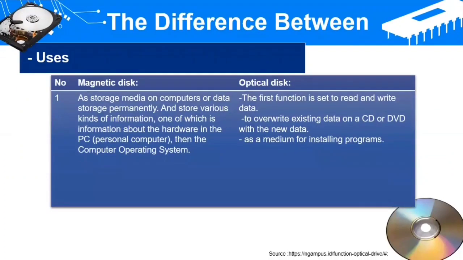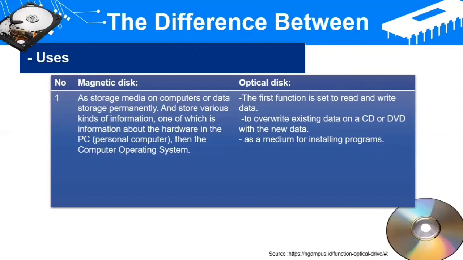And next, the difference in uses between magnetic disk and optical disk. A magnetic disk is used as storage media on a computer to store data permanently and to store various kinds of information, one of which is information about the hardware in the PC or personal computer, and then the computer operating system.